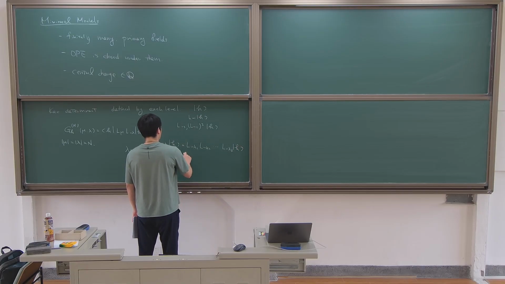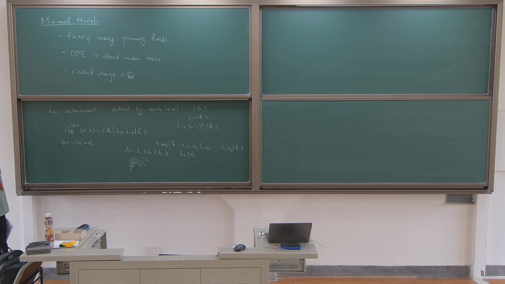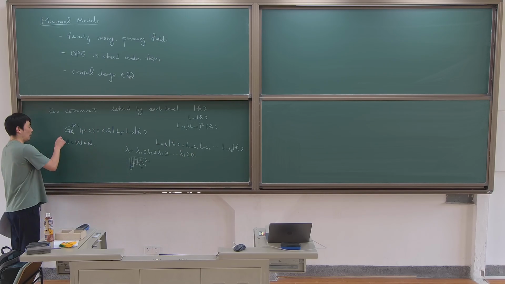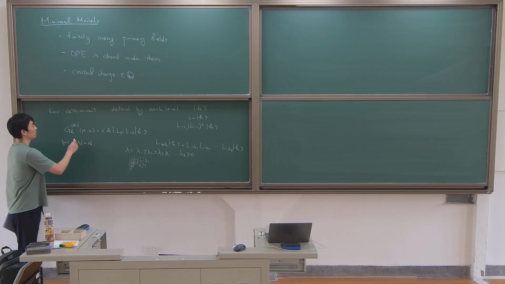And then the absolute value is the number of boxes on the Young tableau, which is n. So this is level n.